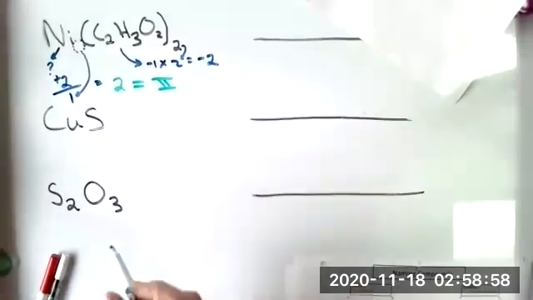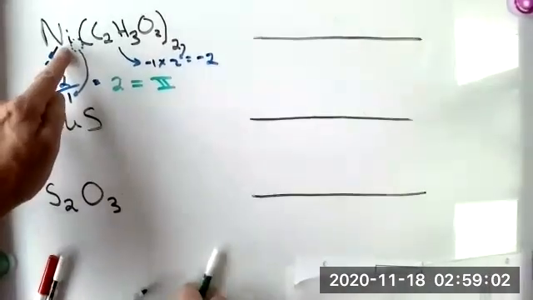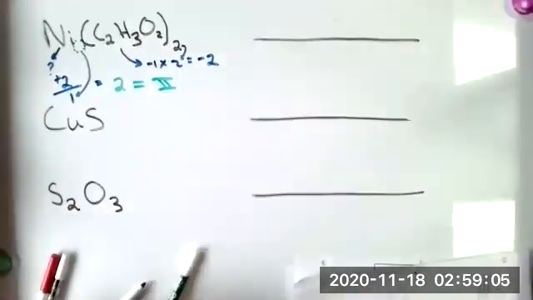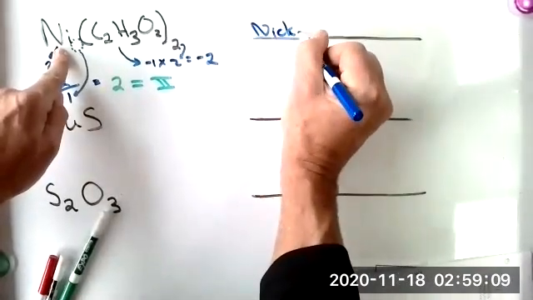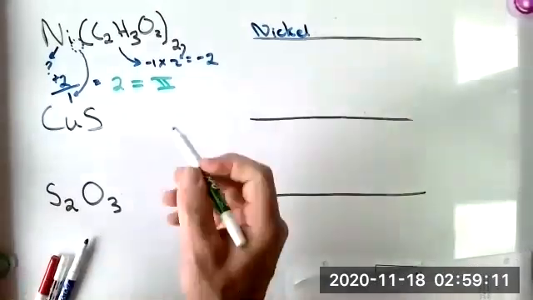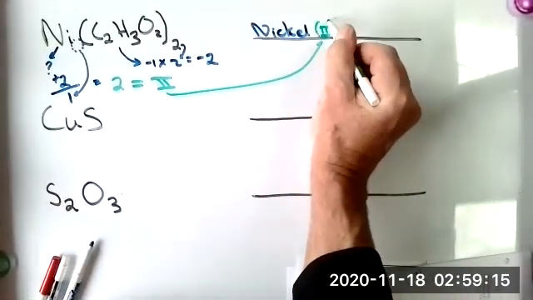What does that mean in Roman numerals? Just an II. What happens to his name? Nothing. So, Ni stands for nickel. Grab that Roman numeral, wrap it in parentheses, and put it right after the metal.